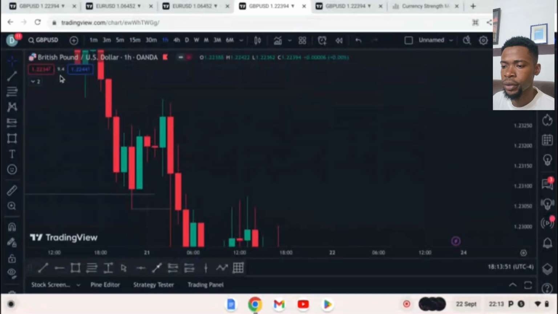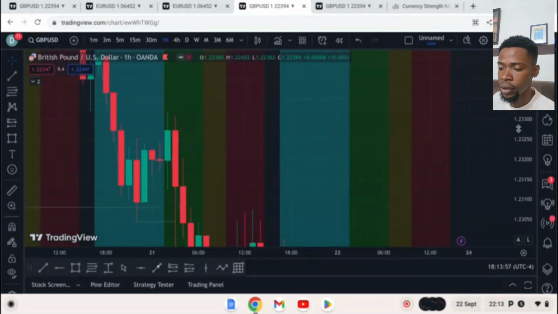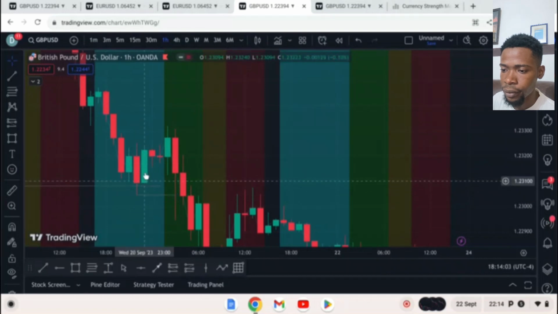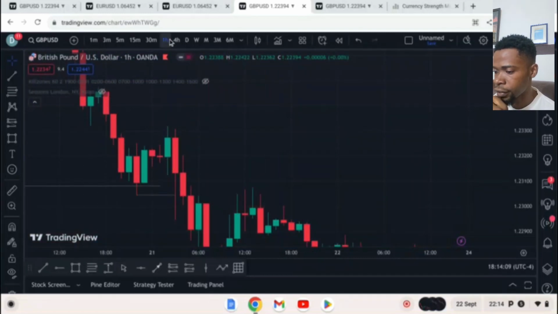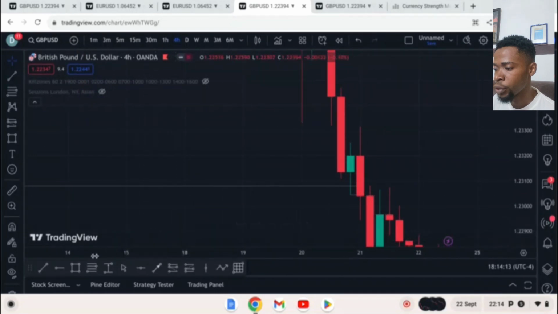This is a recent low. And on a 4-hour time frame, there is this fair value gap over here.